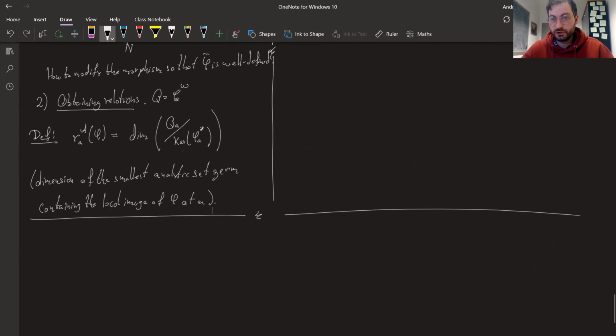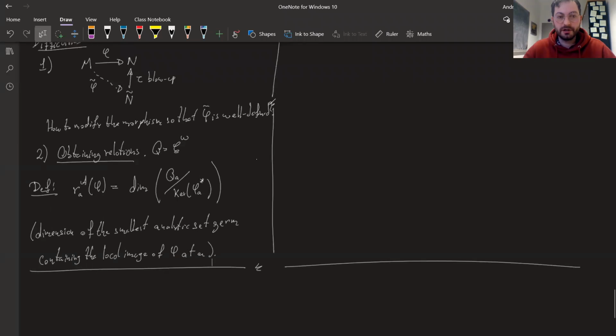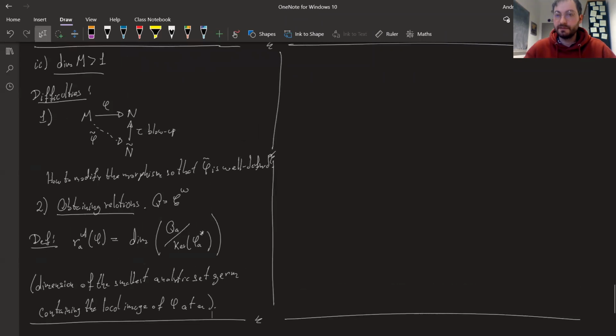When we take this quotient, we get something of dimension 1, the dimension, in algebraic geometry, of the local ring of the curve. In any case, it's the dimension of this smallest set. Now, once the dimension of m is bigger than 1, the number of relations that was connected with the generic rank might not be connected anymore. So let me state this in a clear way.